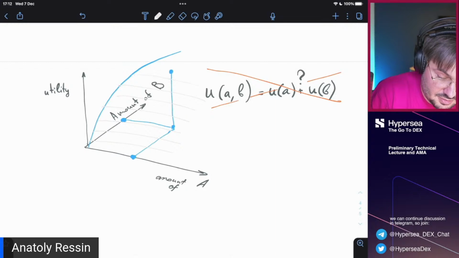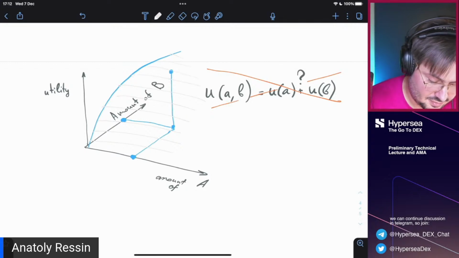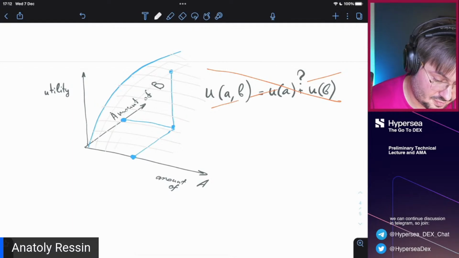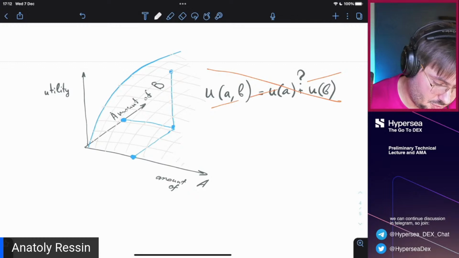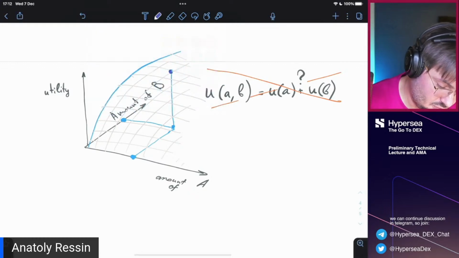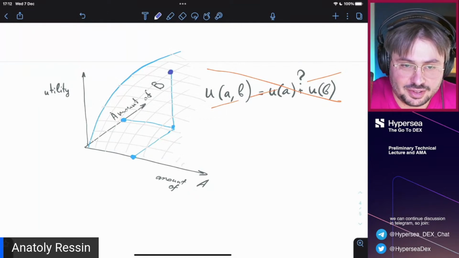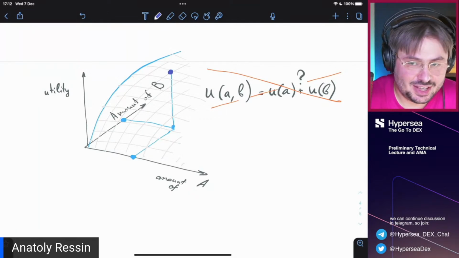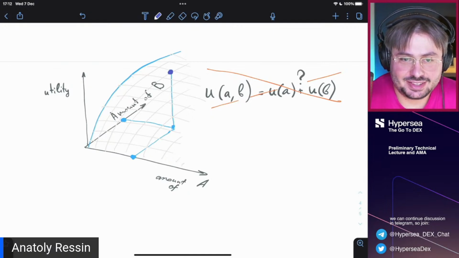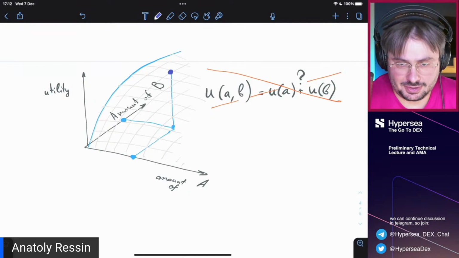This is the entire surface where you have a point that corresponds to a given amount of A and B, and there are different types of products that interplay with each other in different ways.